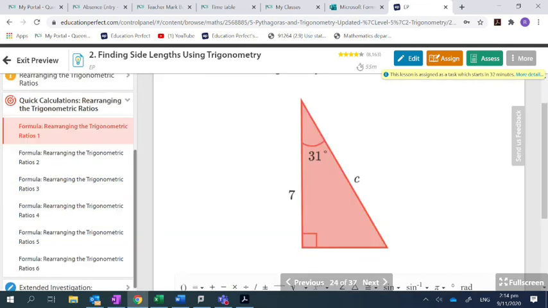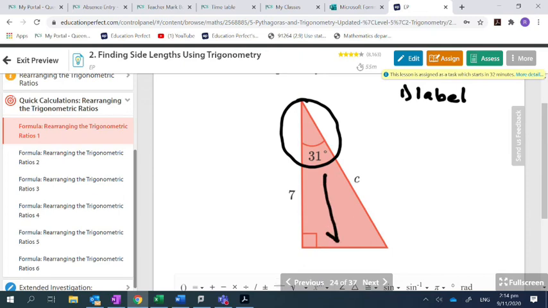Okay, first of all, here's my angle. That means I have to use trig, right? If I knew only sides, then I would use Pythagoras, but this is trig. So my first step is to label everything. That's my angle. This one straight across is called the opposite. This one across from the right angle is the hypotenuse.